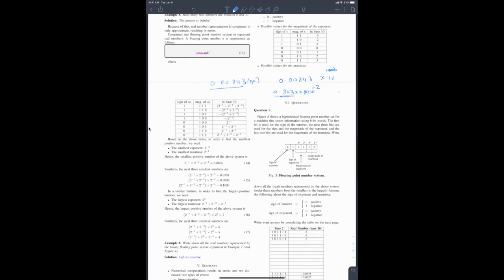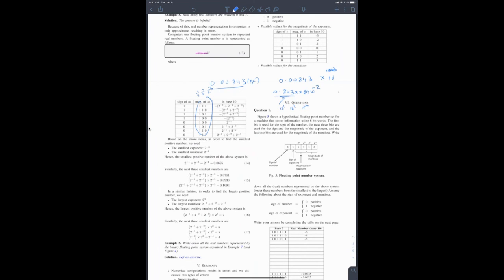Then each of these digits is multiplied by 10 to the power minus 1, 10 to the power minus 2, 10 to the power minus 3, like that. For the mantissa, you will multiply the first one by 2 to the power minus 1, 2 to the power minus 2, 2 to the power minus 3, like that. Then, given a number, you can put all the values according to the definition, and you can find the number.